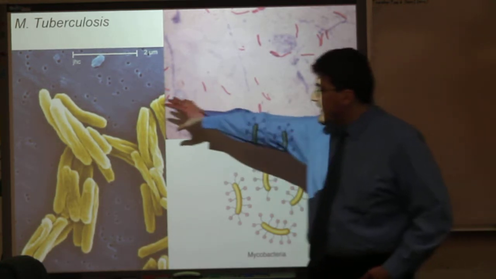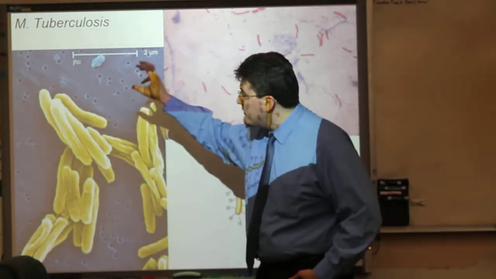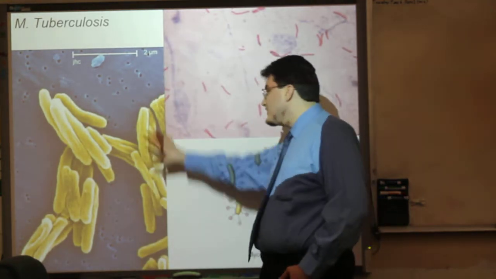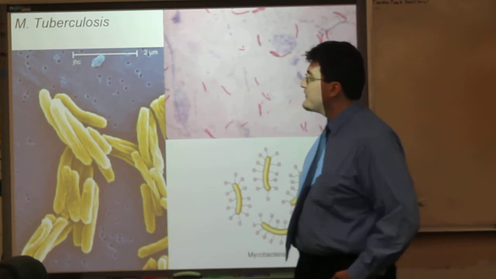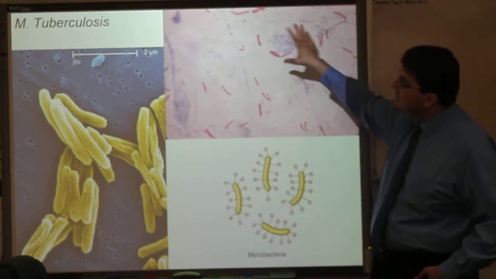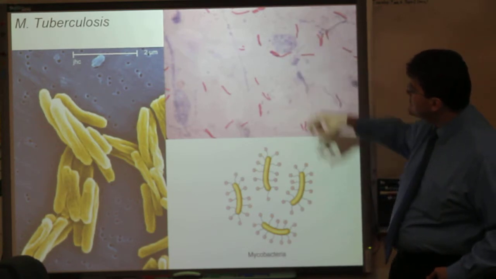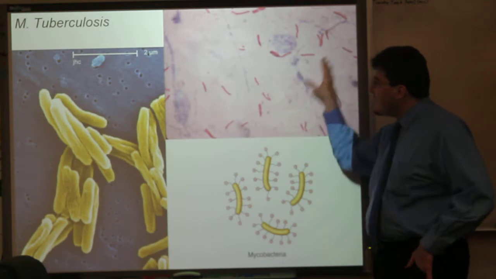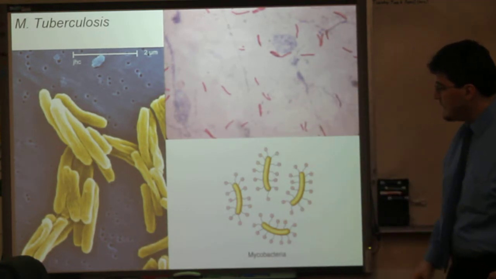Now, this is a scanning electron false color microscope image with a nice blue background, a little bit of yellow right over here. It's very tasteful. This is a stained, acid-fast staining image of light microscope variety. They're stained red against a pink background.